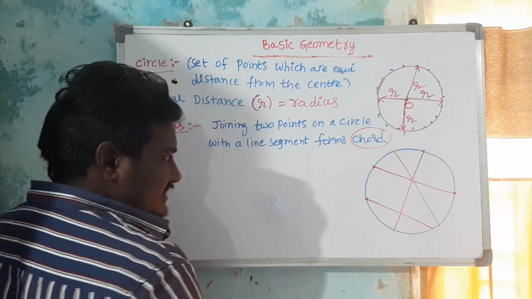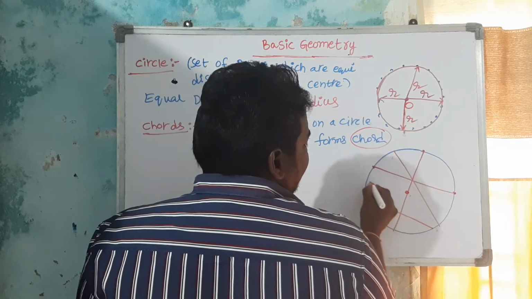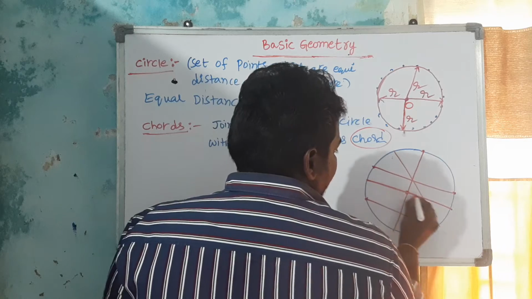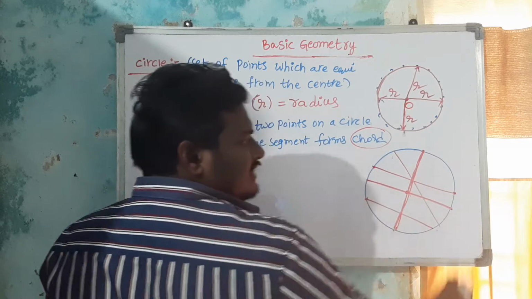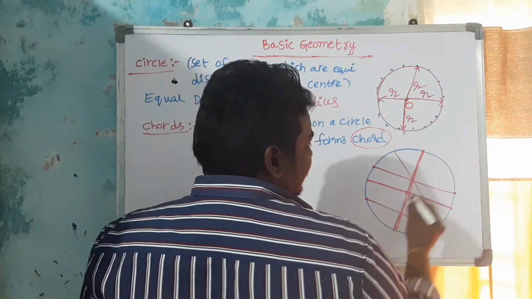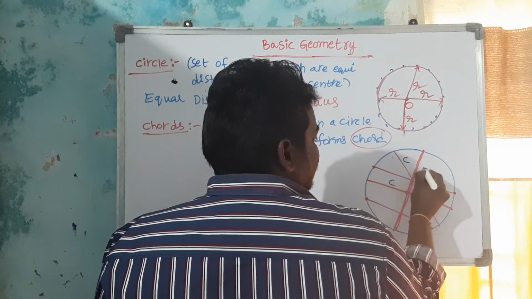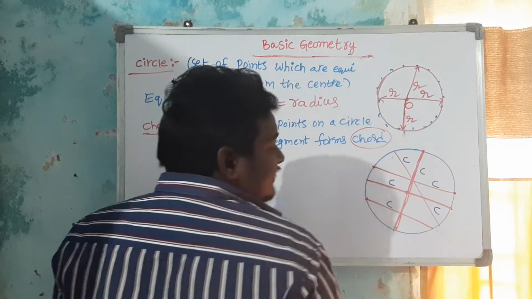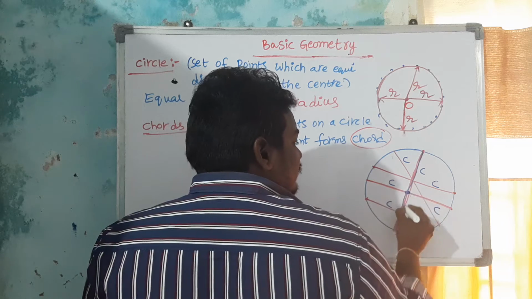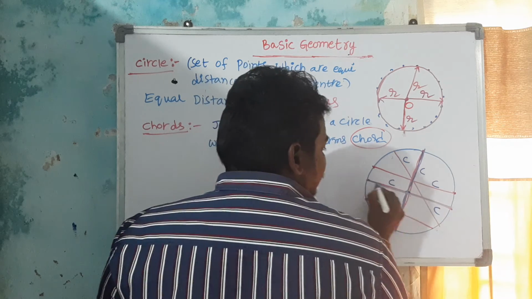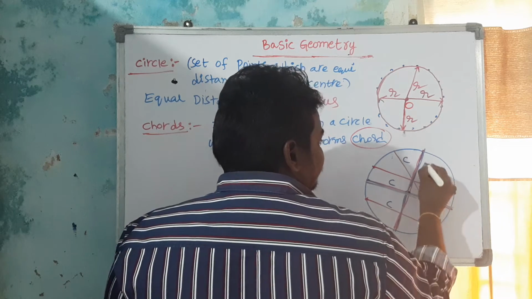So I can say these are chords. The chord which passes through the center is called the diameter. This is a chord, and this is also a chord, but there is a special name for this one. The chord which passes through the center is called the diameter, D.